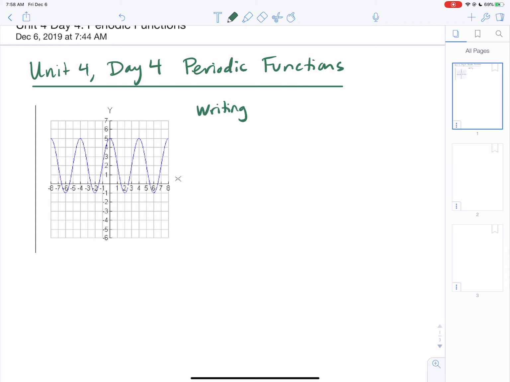So what I would do for this one is I would look at this and determine that when you're crossing the y-axis, for me that's key, and look at where you're crossing the y-axis. And because this graph crosses the y-axis at the top of the hill, that's a big indication to me that a cosine equation would be the easiest.